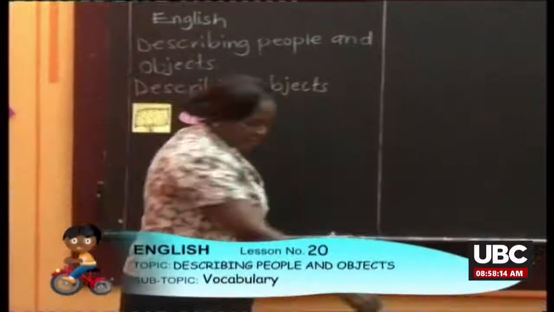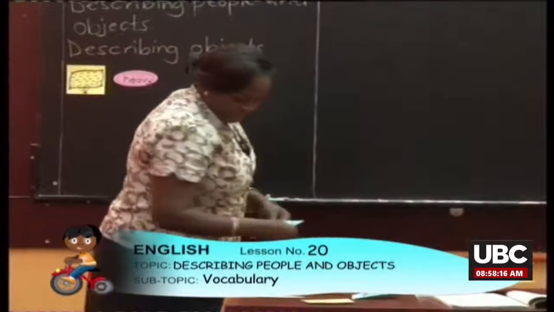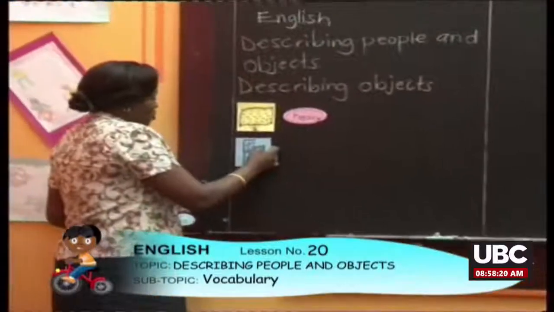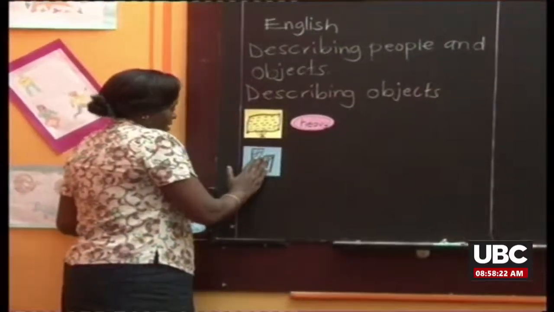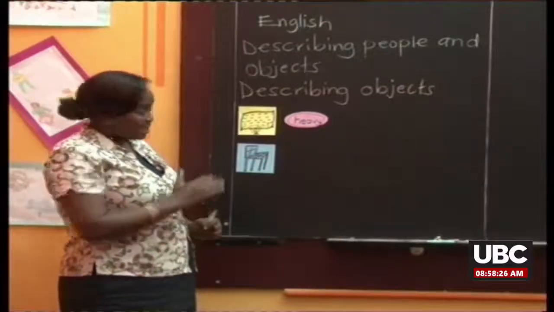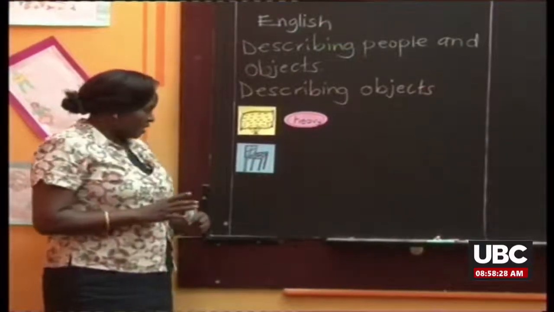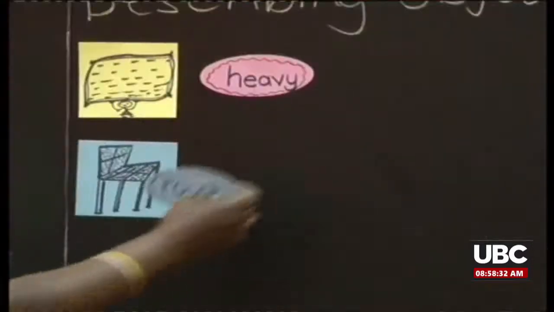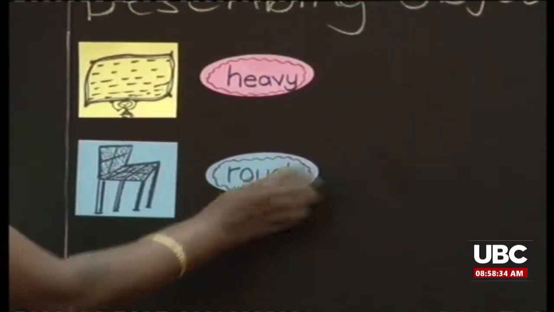I also have my other object here. We are going to describe this object together. That is a chair. But when you look at it properly, the way you see it, we can describe it as a rough chair. It's rough.